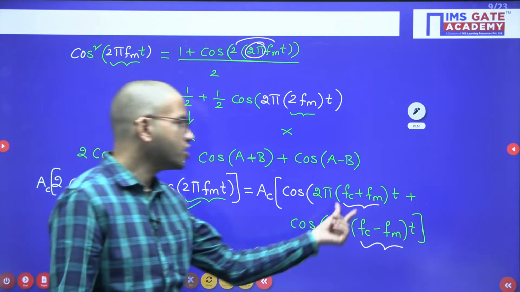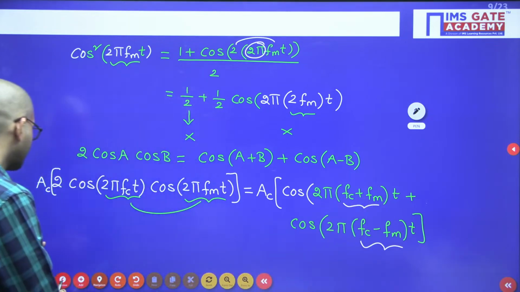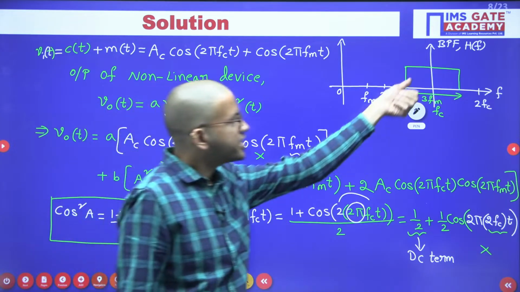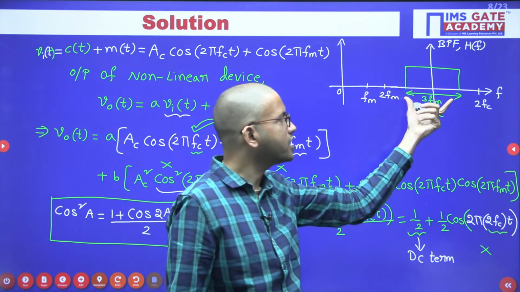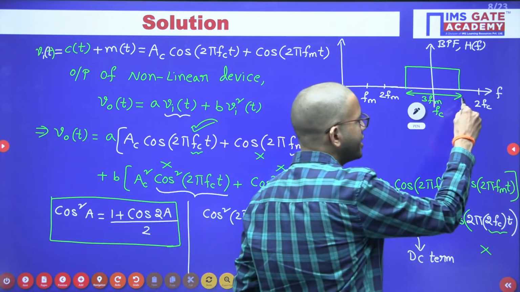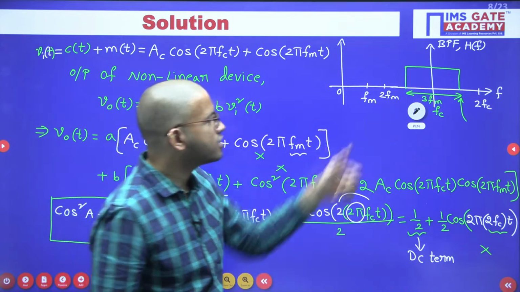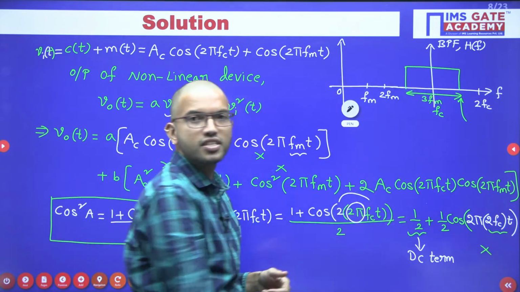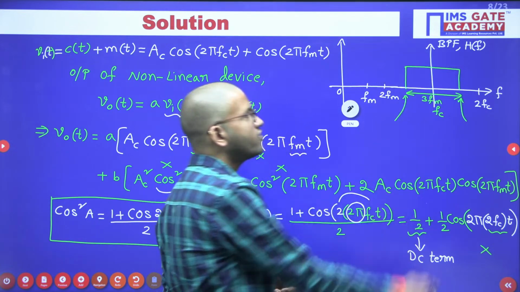See, here we got two frequencies, right? One is fc plus fm, another one is fc minus fm. Here the center frequency is fc, and the pass band width they have mentioned is 3 times fm. With that understanding, can you tell what the upper cutoff frequency for this band pass filter is? Similarly, what is the lower cutoff frequency?